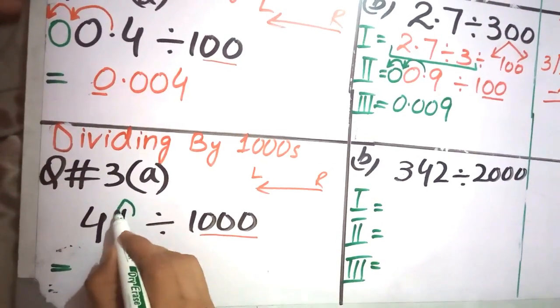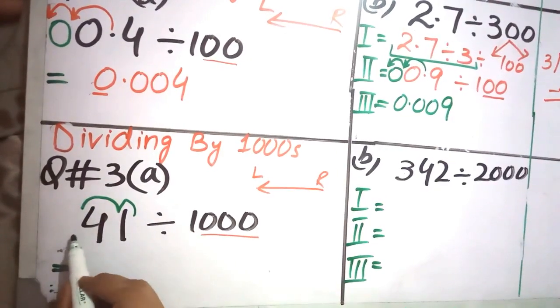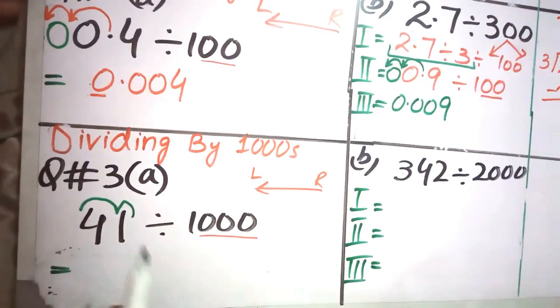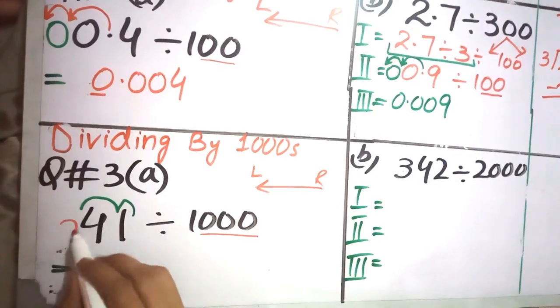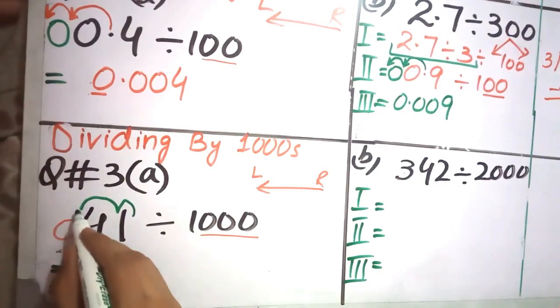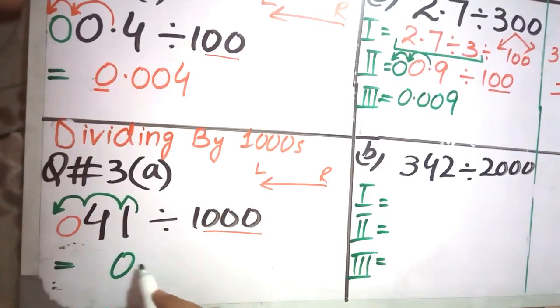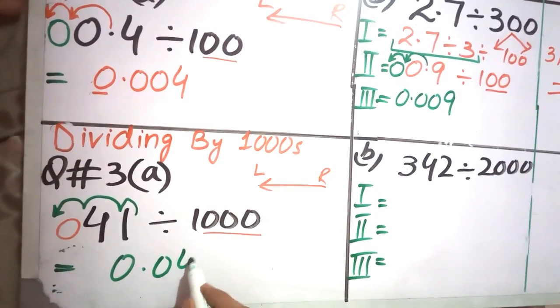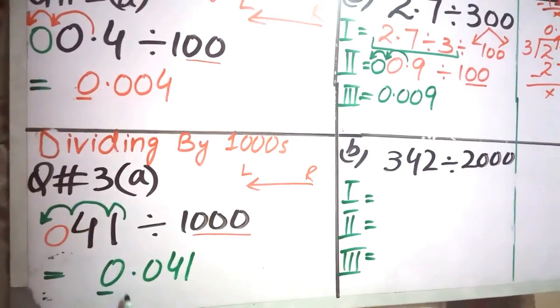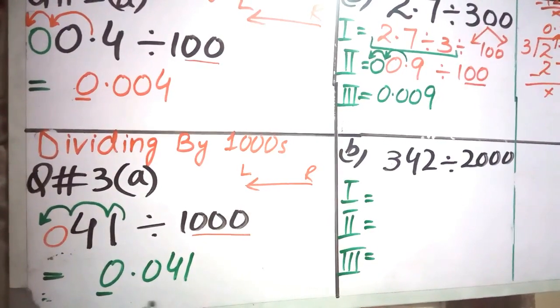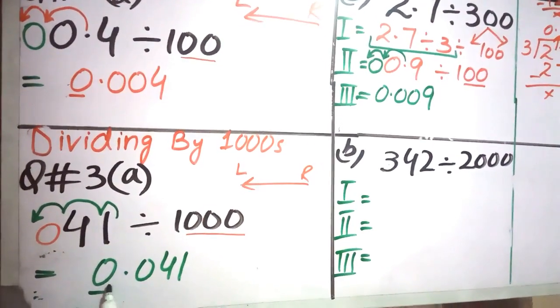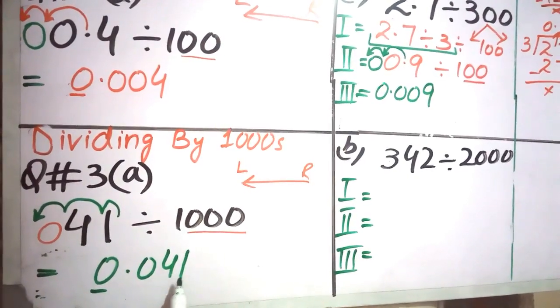See, 1, 2, but 1 digit is missing. We will put an extra 0 to shift the point 3 times. Now we will get 0.041. It is an extra 0 to balance the number.